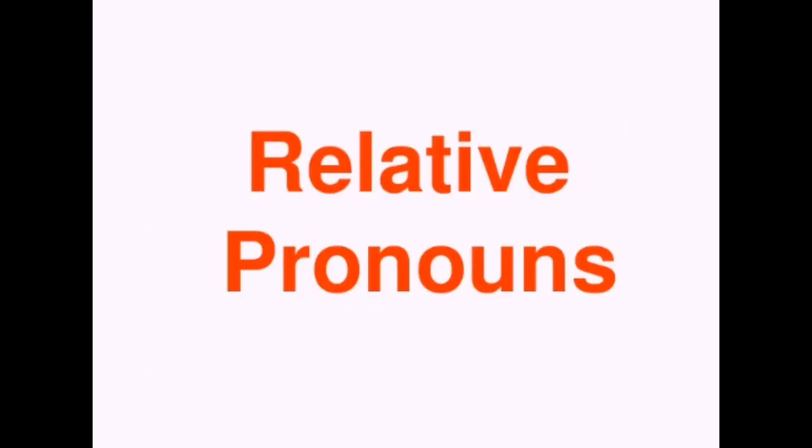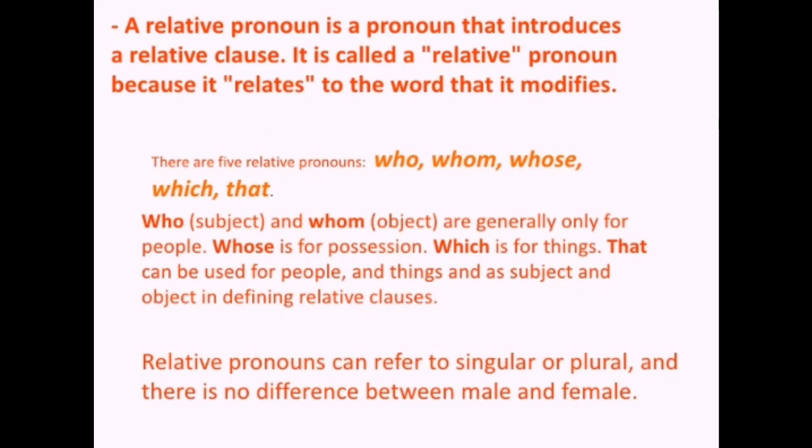Okay, now let's know about relative pronouns. Okay, so a relative pronoun is a pronoun that introduces a relative clause. It is called relative. क्यों वो relative कहा जाता है? Because it relates to the word it modifies. Like there are 5 relative pronouns: who, whom, whose, which, that.